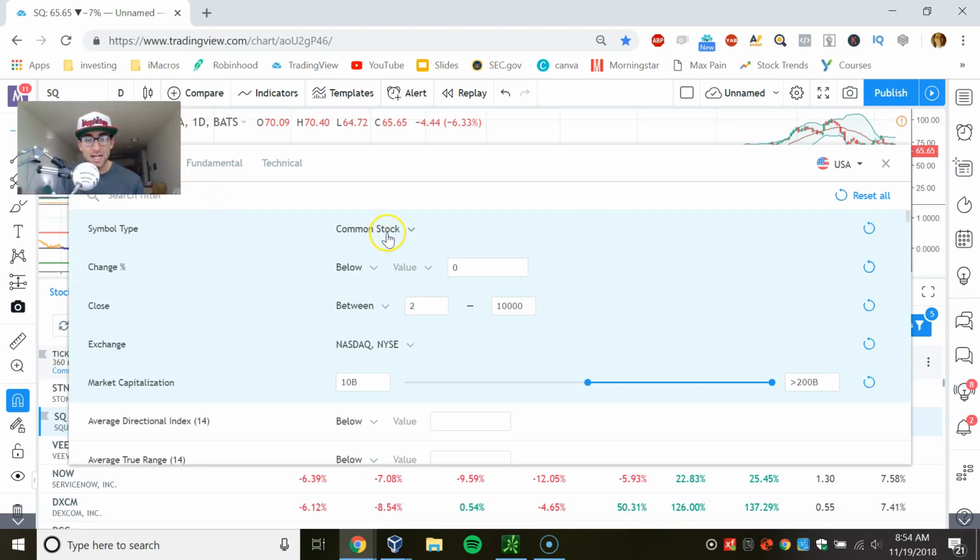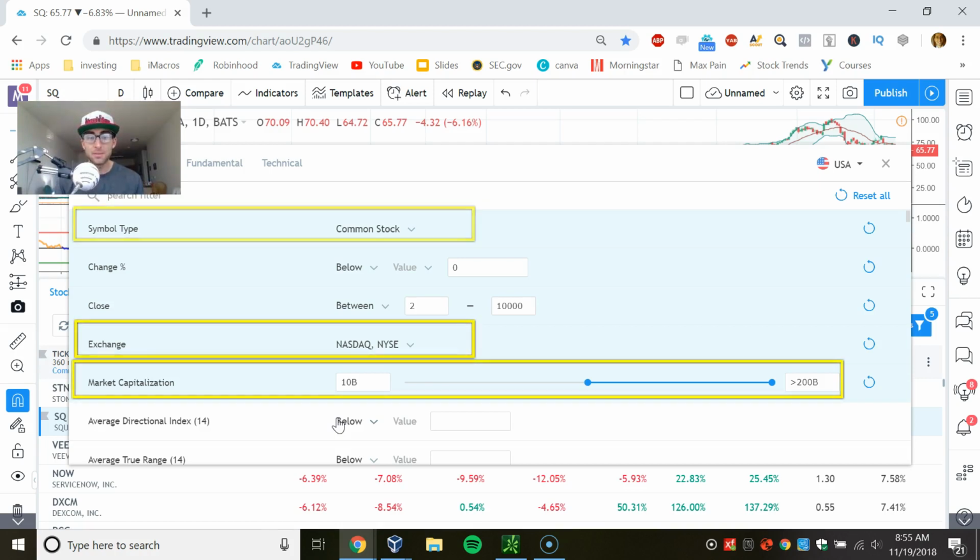You want common stock, and you want the market cap to be above $10 billion because, like I said before, the indicator works really well when stocks are in a larger market cap range. Penny stocks tend to defy the indicator sometimes. So we'll stick to $10 billion as the lowest, and go all the way up to whatever is the highest.